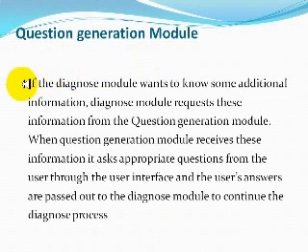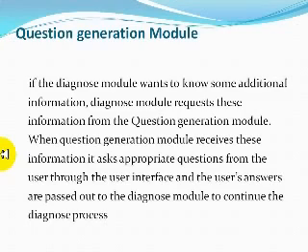Question generation module. This is a kind of intermediary between the decision making process and the diagnosing process. If the diagnose module wants to know some additional information, like if it wants to clarify something from the user, the diagnose module requests this information from the question generation module.